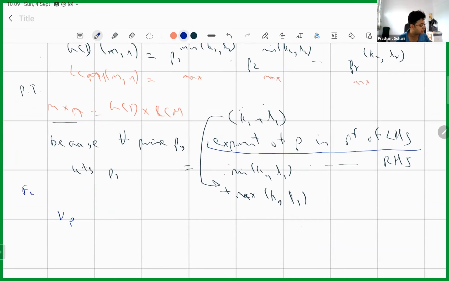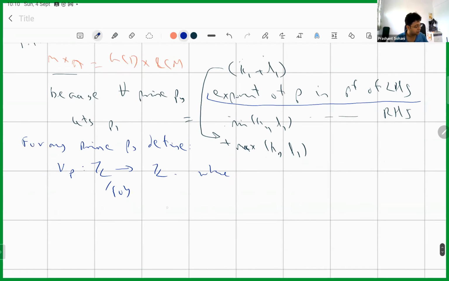So for any prime p, we define VP as a function from Z to Z. I think we have to exclude 0, so you cannot have 0 in the set, but for all the non-zero numbers you can have a mapping from Z to Z, where we define VP of any number as this whole expression: the exponent of P in the prime factorization of the absolute value of n.